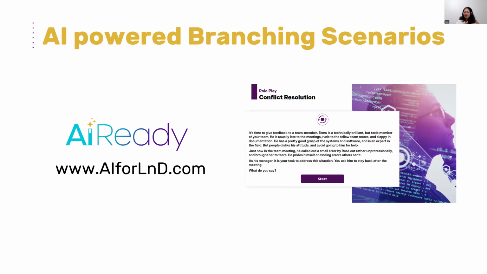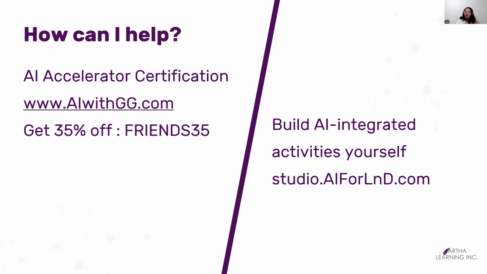So every time I retake this, the experience is going to be different and it's going to be branched. So that's just a simple way of adding even more agency for your learners in your learning modules.